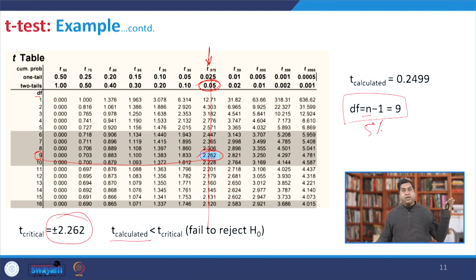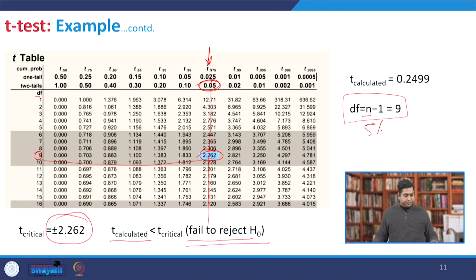If you recall our hypothesis testing discussion on critical value comparison, if your calculated value is less than the critical value, we cannot reject the null hypothesis. That is why it is failed to reject the null hypothesis.